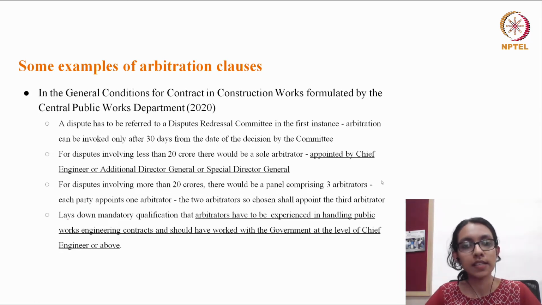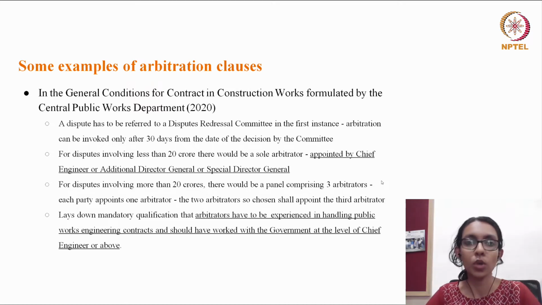Secondly, it clearly states that for disputes involving rupees 20 crore or less than that, there would be a sole arbitrator, and this sole arbitrator would be appointed by the chief engineer or additional director general or special director general in this department. And if the dispute involves more than 20 crores, then there would be a panel of 3 arbitrators.